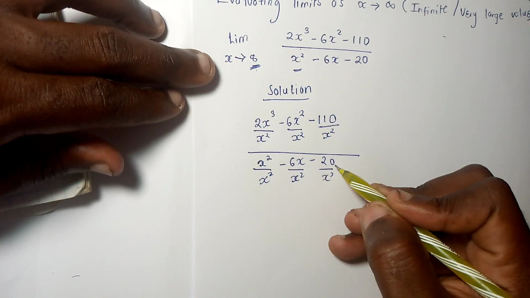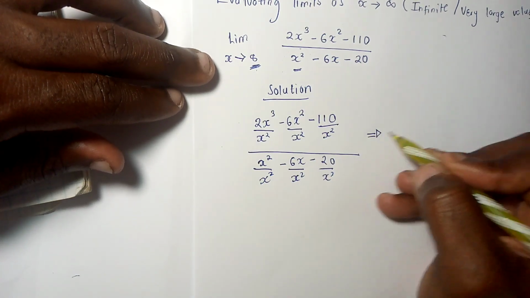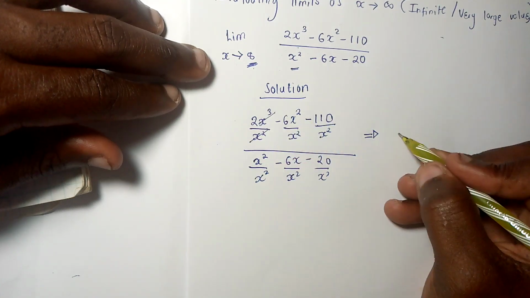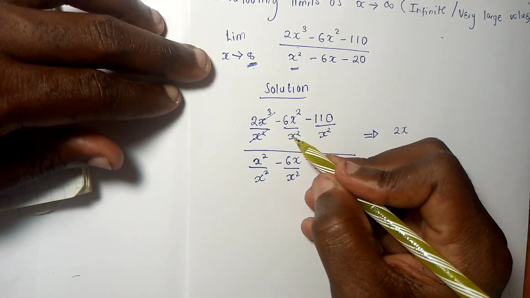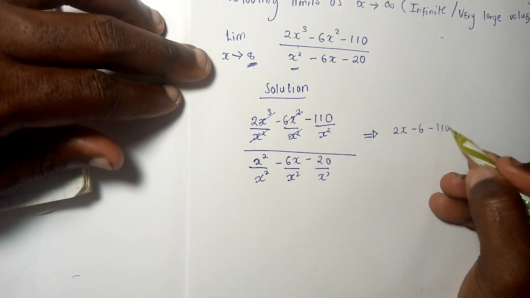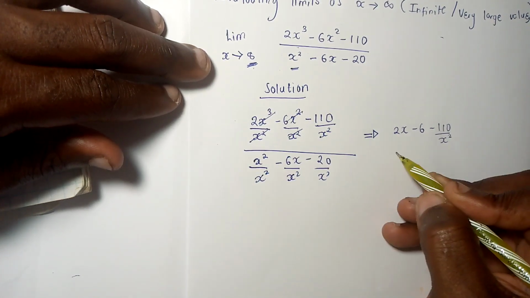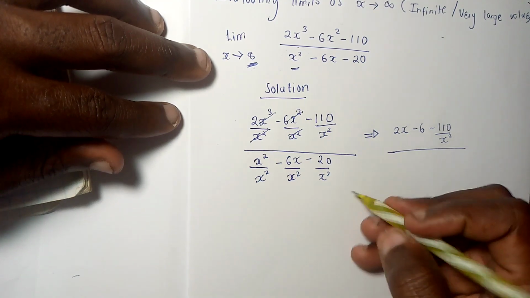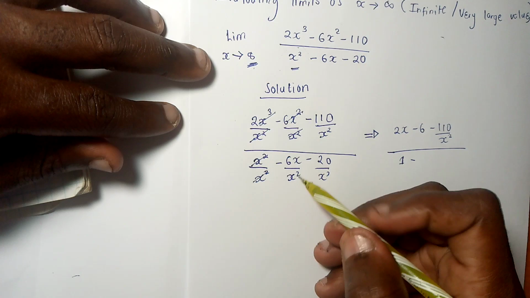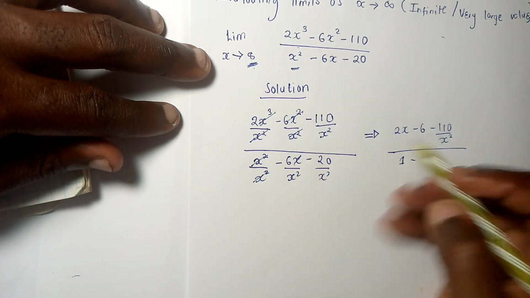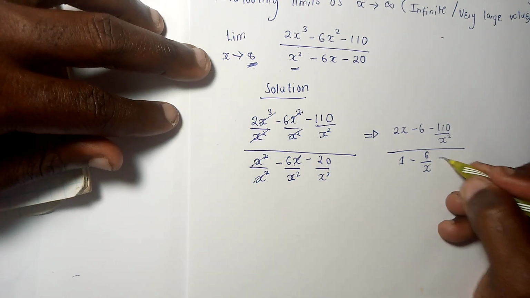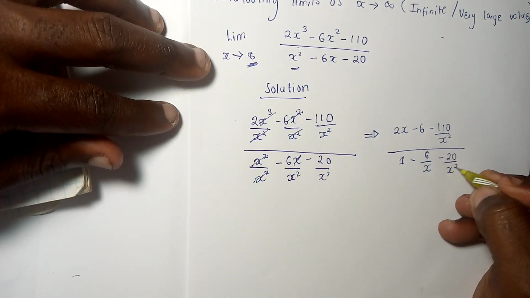Now you simplify and see what you're going to get. We can cancel this and this. We remain with 2x, then minus 6, and then 110 over x squared. For the denominator, we remain with 1 minus 6 over x, and minus 20 over x squared.